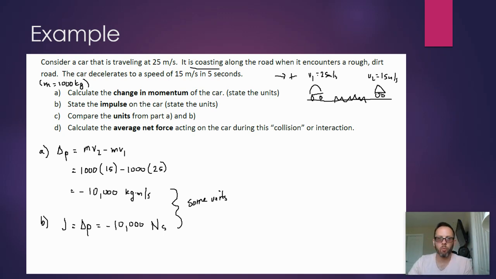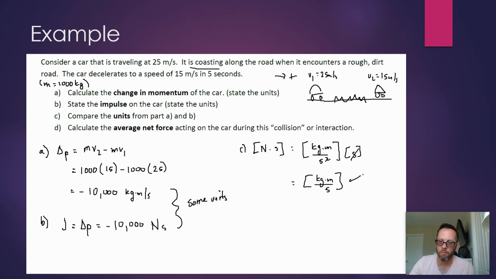For part C, if we compare the units, let's look at newton seconds and convince ourselves. The units of the newton are kilogram meters per second squared in SI units, and then times seconds. And you can see the seconds divided by one second factor on the bottom gives you kilogram meters per second.